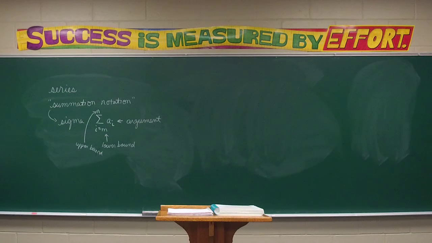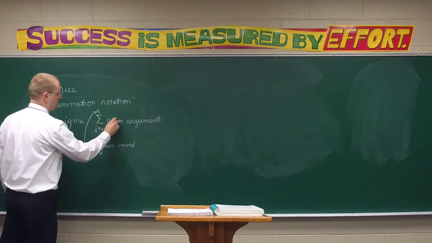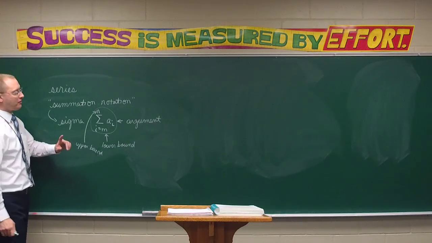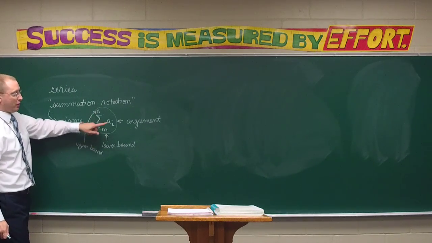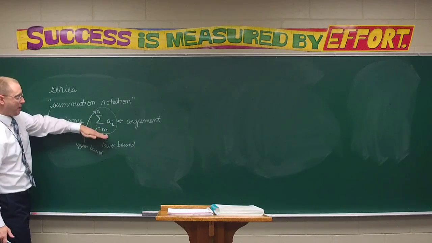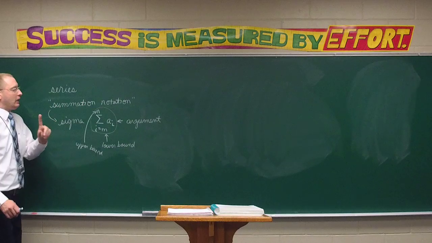The argument is another name for the algorithm that's being used in a series. Collectively, that's summation notation. It hinges on the Greek letter sigma, which indicates a sum. You're going to add together all the values that you get from your argument, where you plug in all the values between m and n.